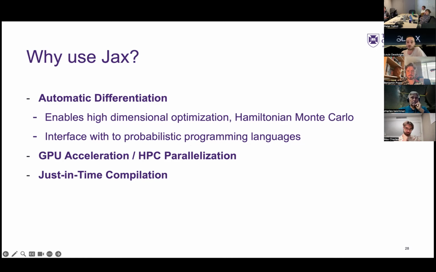It also has JIT compilation, where the first time you run your code, it compiles all of your Python code into XLA, and that is what is actually evaluated on the hardware, which allows it to be really, really fast. I believe XLA is basically as fast as Fortran at matrix multiplication and the like.